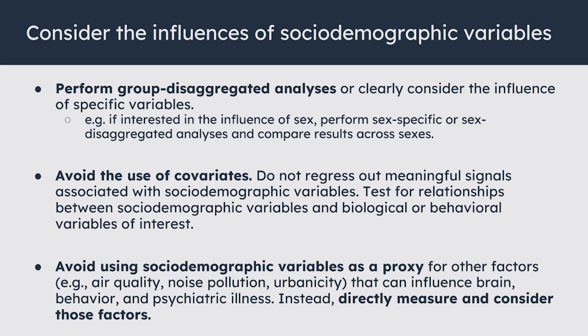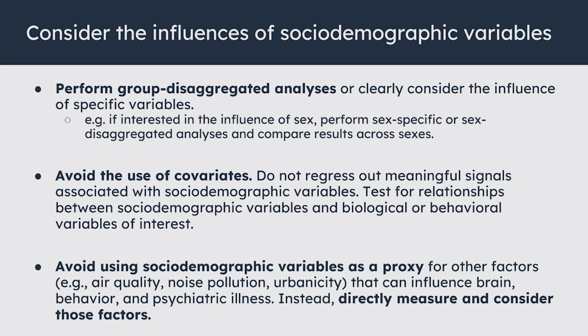And ideally, we want to avoid the use of covariates because, as Jocelyn pointed out, a lot of times these variables that we consider covariates are in themselves very meaningful information. So by using them as covariates, you're regressing out very meaningful information that we don't want to lose. We also don't want to use these variables as a proxy for something else.